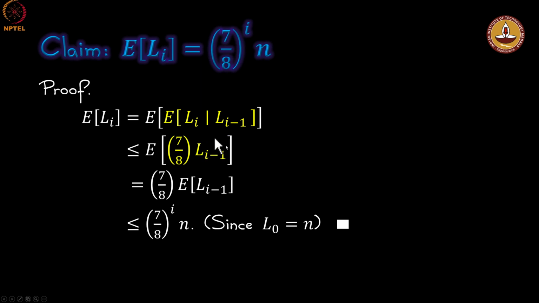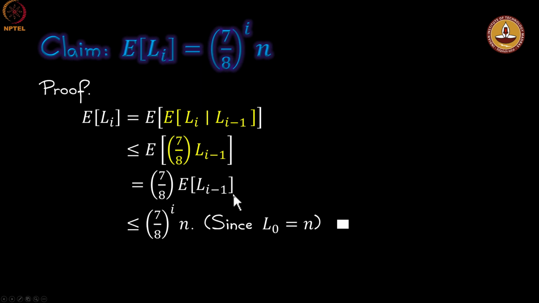We worked it out for a specific value, but for any random variable also, it's going to be 7/8 times Li minus 1. And by linearity of expectation, you get the 7/8 outside, and so expectation of Li is 7/8 times expectation of Li minus 1.